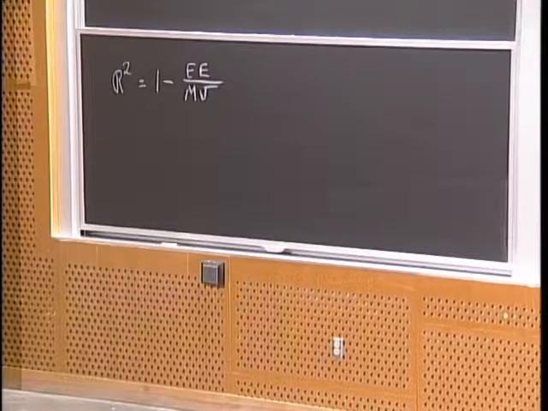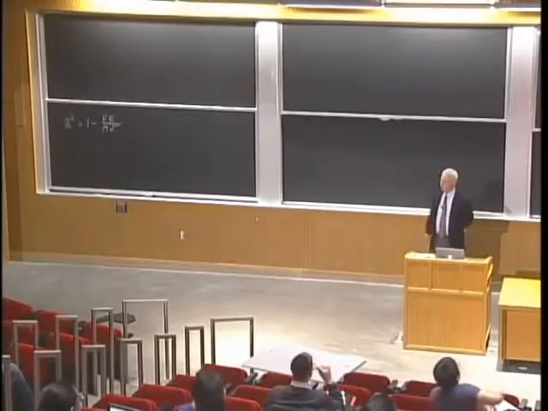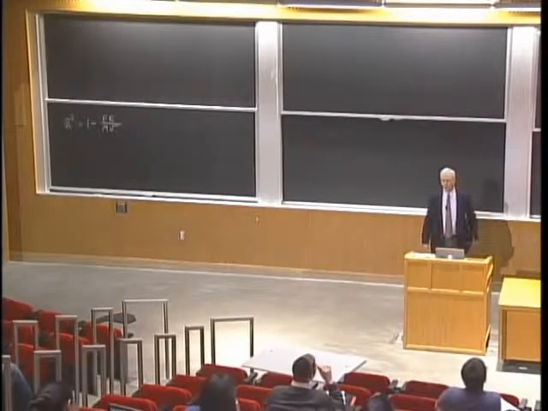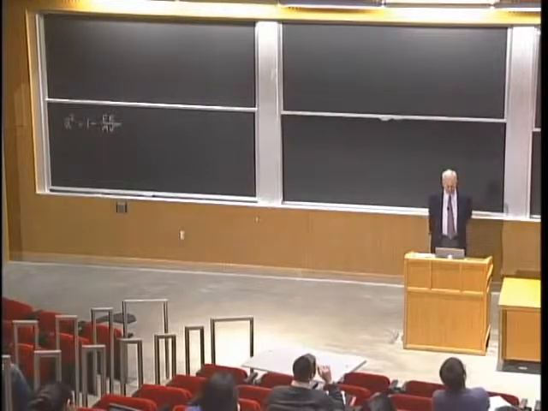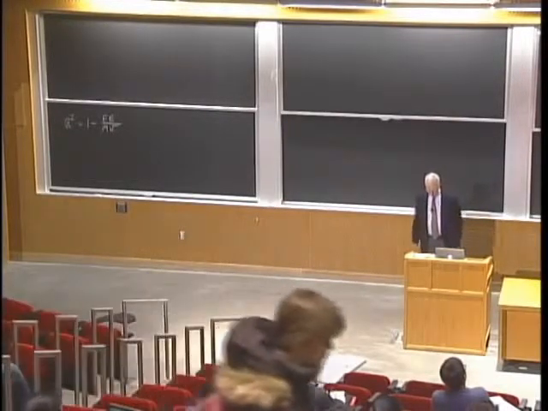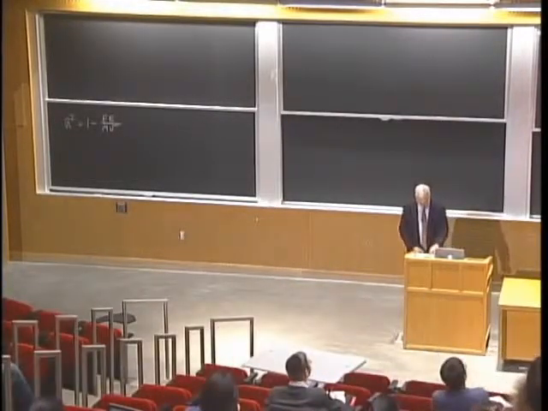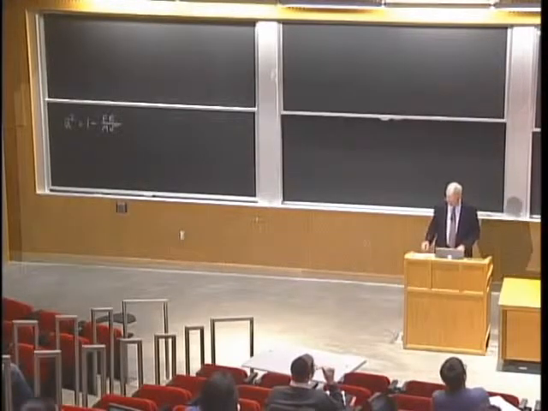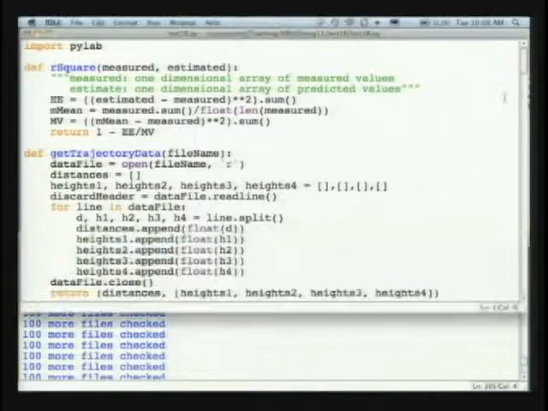And for those of you who have a little trouble interpreting the formula, because maybe you're not quite sure what EE and MV mean, this will give you a very straightforward way to understand it. So now we can run it. We can get some answers.